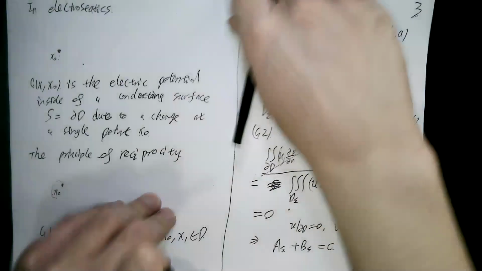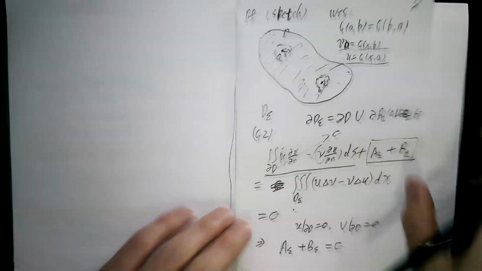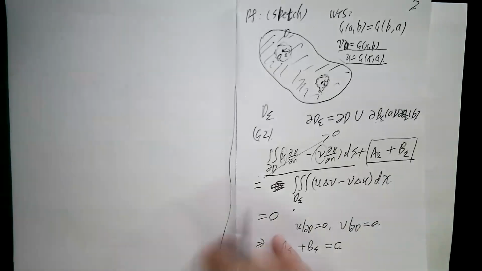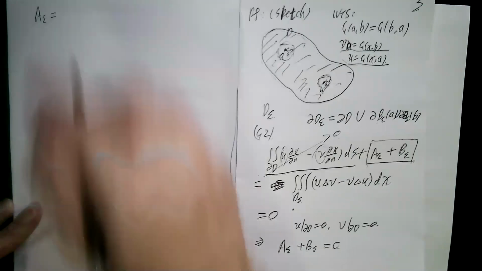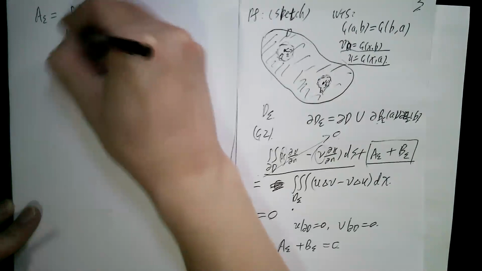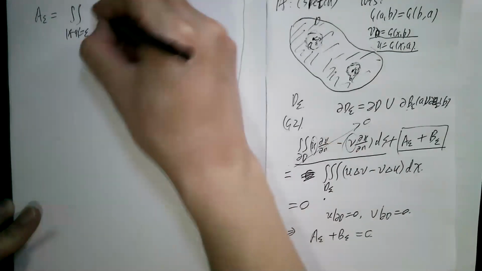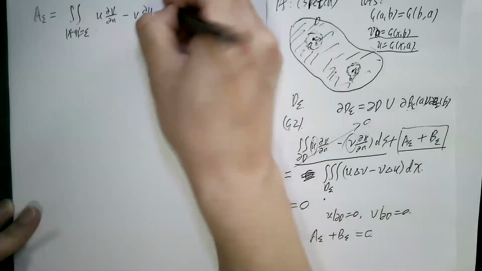So we got something very similar as before, as what we were trying to show, some kind of Green's representation formula, which is, this a epsilon is the integral over |x minus a| equals epsilon. This is your sphere, of u partial v partial n minus v partial u partial n dS.